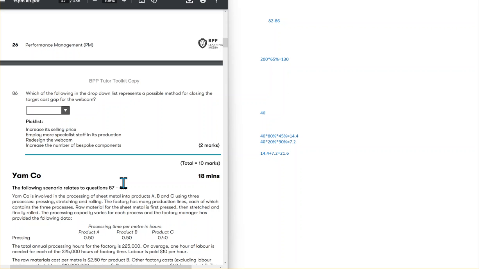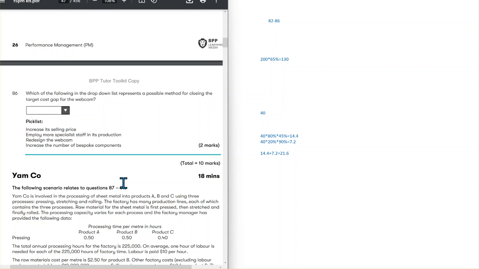Which of the following in the drop-down list represents a possible method for closing the target cost gap for the webcam? Remember, closing the cost gap means reducing the estimated cost. Increasing the selling price, remember, we shouldn't increase selling price, danger point.